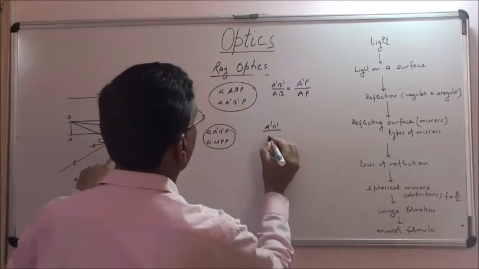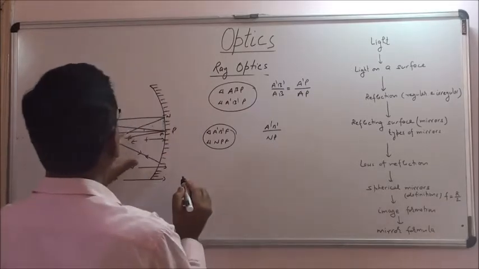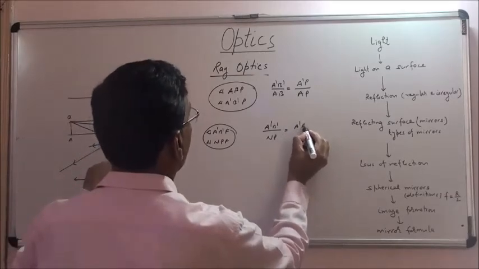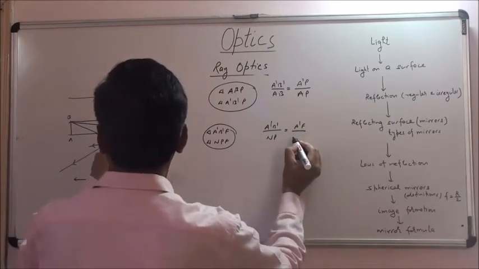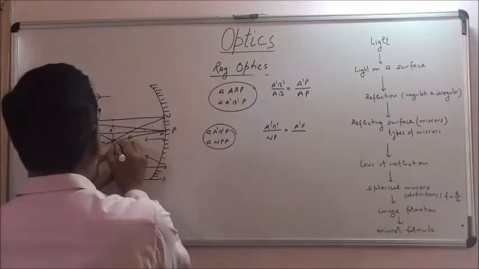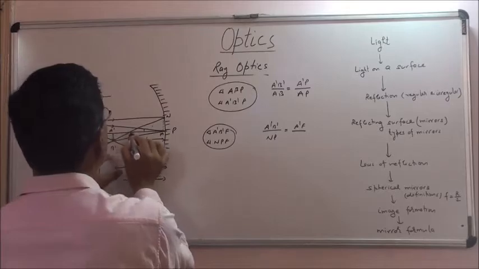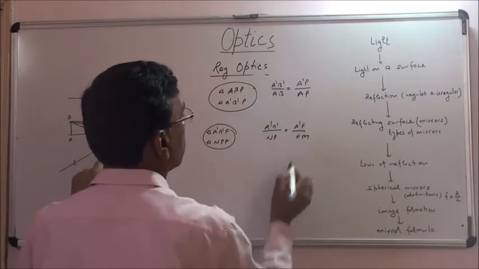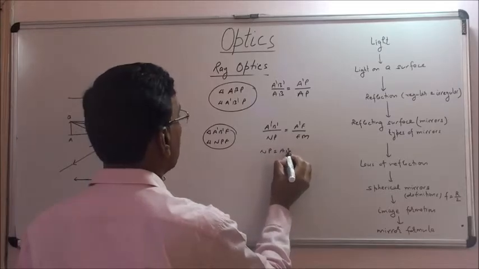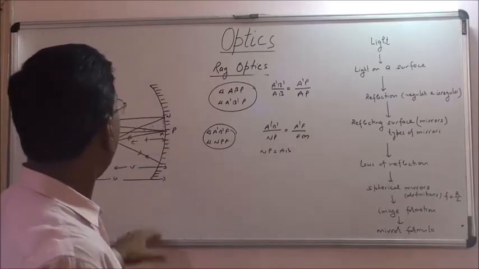First let me write it NP. NP, this one and this one, right? So this is A dash F upon FM, this by this is equal to this upon FM. And NP is equal to AB.